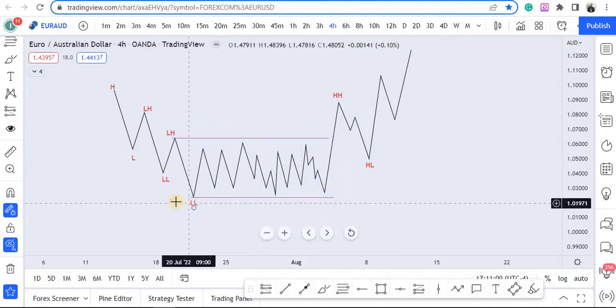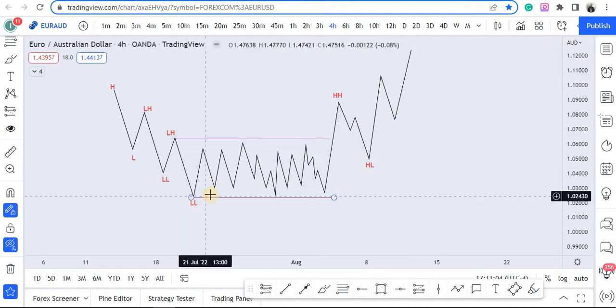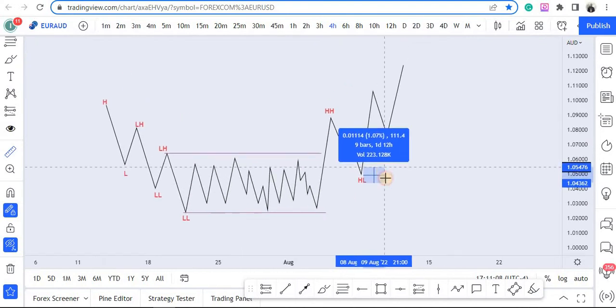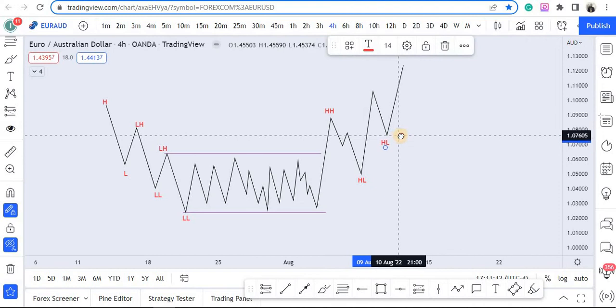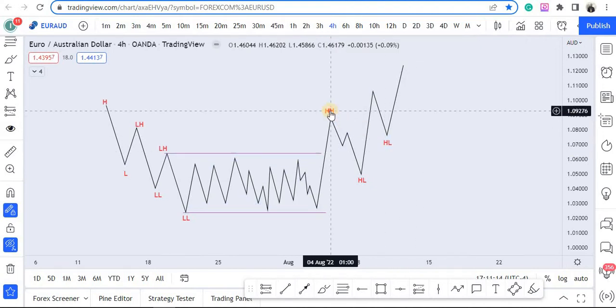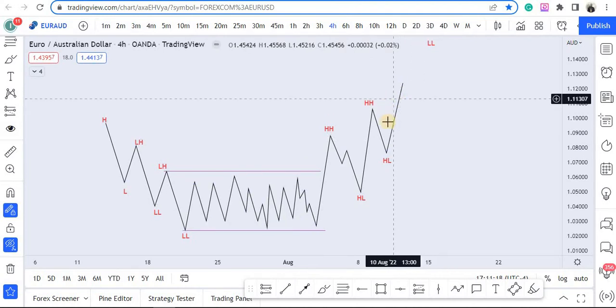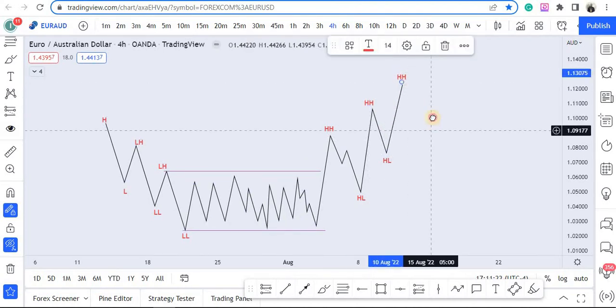This low actually took out this high. We have another higher low, and we have a higher high, and then we have another higher high.